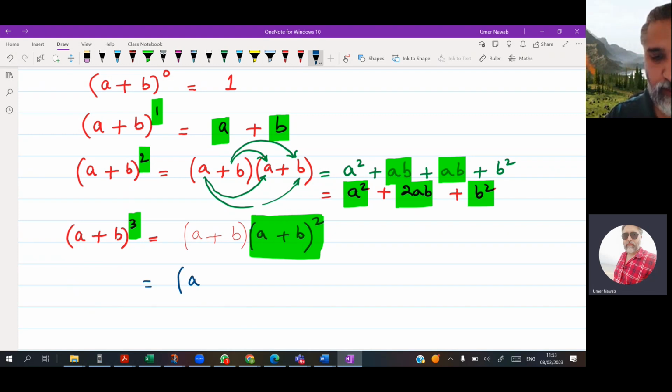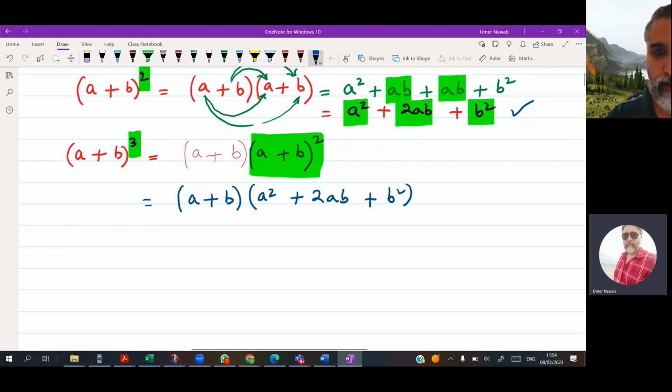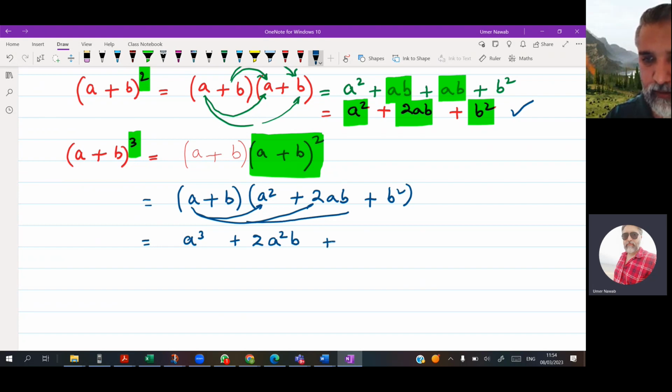Here I just copy a + b, and this expansion is already done here: a squared plus 2ab plus b squared. Now let's expand. a times a squared will give you a power 3, then 2a squared b, because a times 2ab is 2a squared b, plus ab squared.